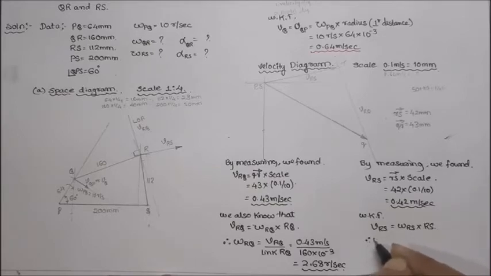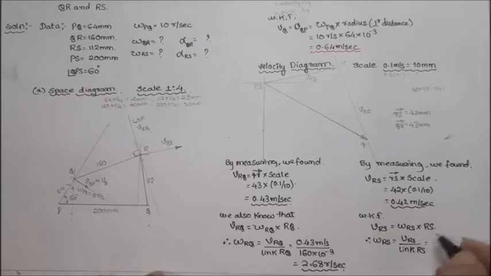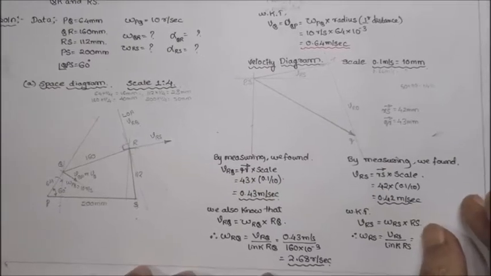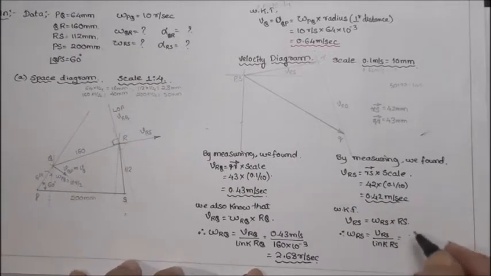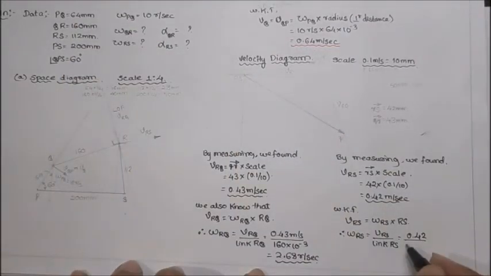Therefore omega rs equal to velocity rs divided by link rs, that is 0.42 divided by, so rs value here it is 112 into 10 to the power minus 3.